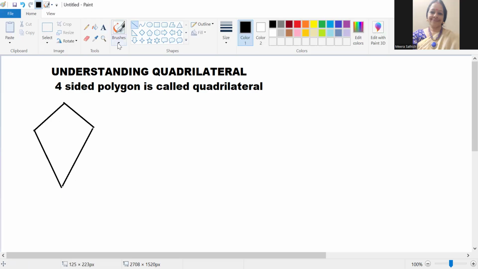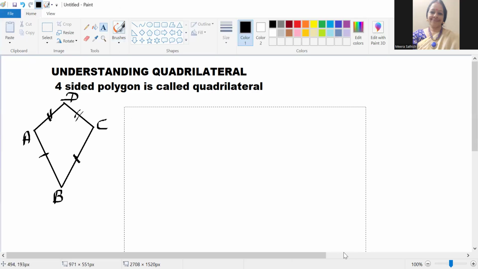A kite is a quadrilateral with both pairs of adjacent sides equal. Here AB and BC are equal. AD and CD are equal. That is the speciality of kite.